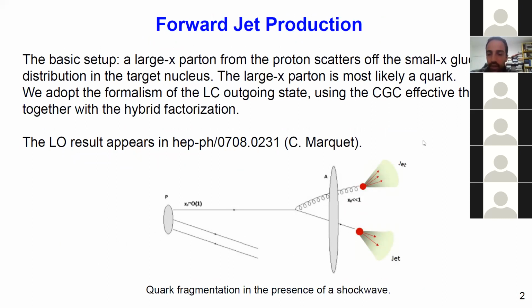If you are interested in the very small region, so very low x, then the quark is the dominant part. If you look at the PDF of the quark and the gluon, you see that there is a region in which the PDF of the quark is the most dominant one.